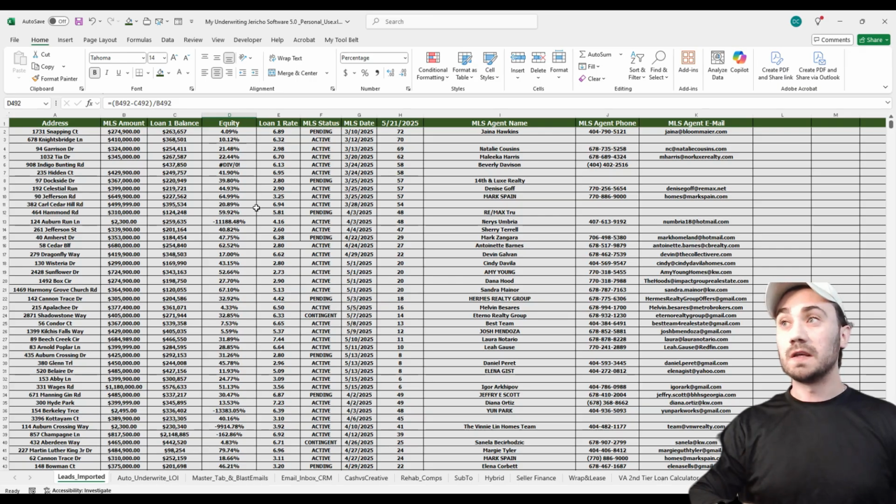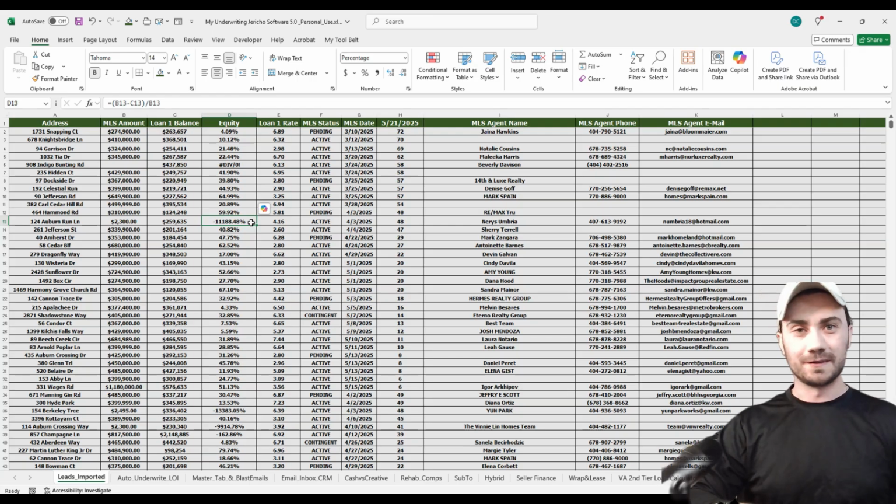When you see this negative equity percentage, it is because that property is currently listed for rent. If you look here at column B, you can see that 124 Auburn Run Lane is listed for rent at $2,300, which now makes sense as to why the equity percentage is so great and trailing in the negative.